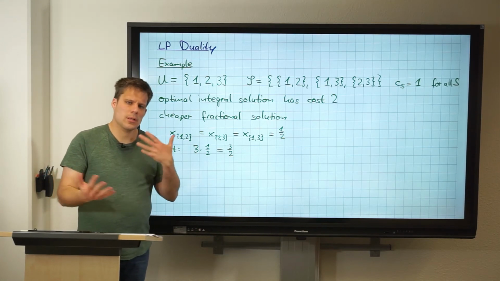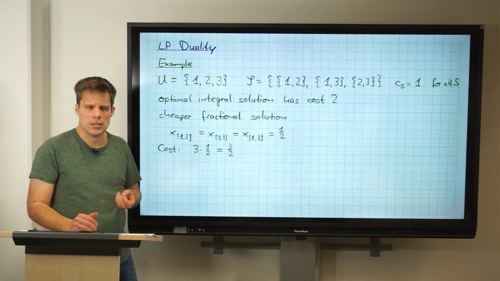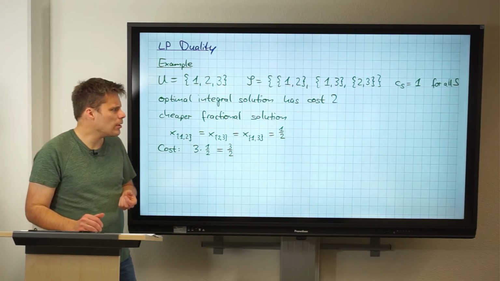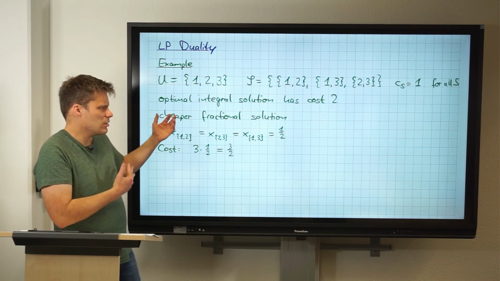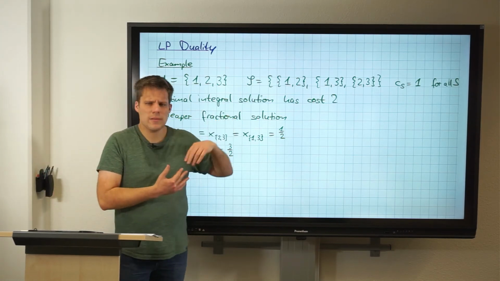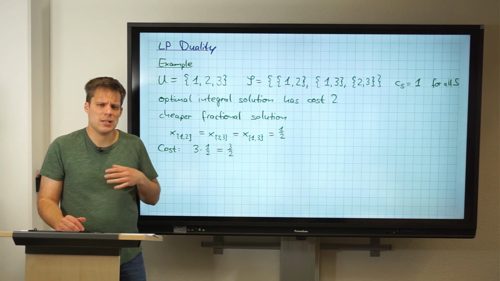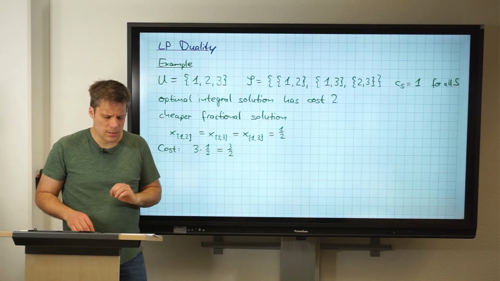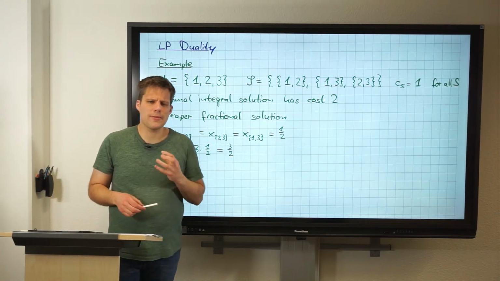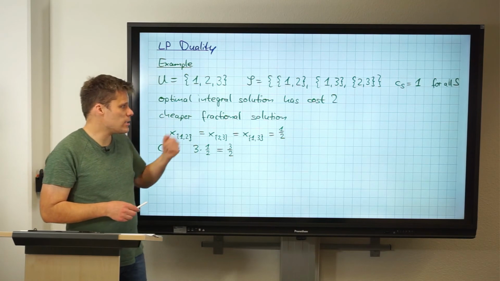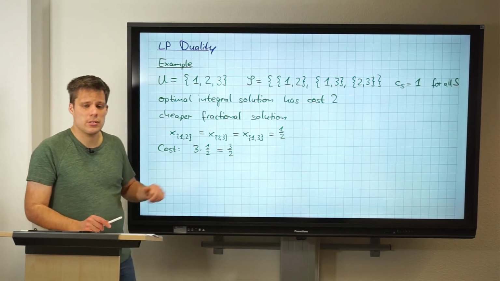And then you might wave your hands and say, probably not. Probably I have to cover each of these elements by a fraction at least a half, and so on. And probably you'll come up sooner or later with the following proof that there is no cheaper solution than this one.